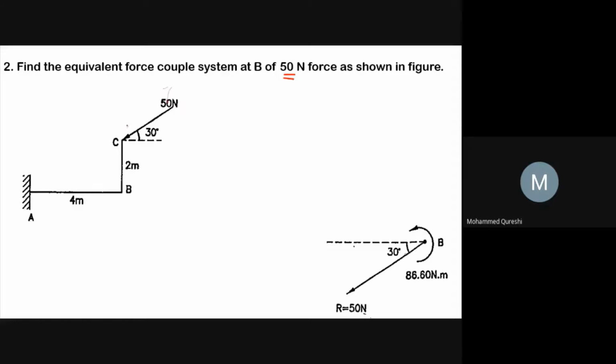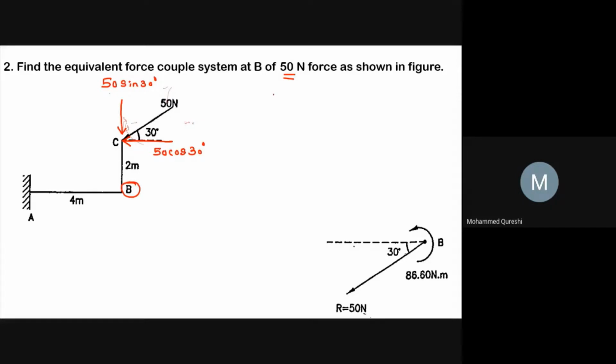As this 50 Newton force is inclined, first of all we will split it in both the axes. So this will be your 50 cos 30, and the second force will be 50 sin 30. And we have to find the equivalent force couple system at point B of this 50 Newton force.